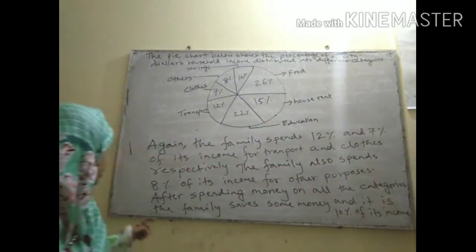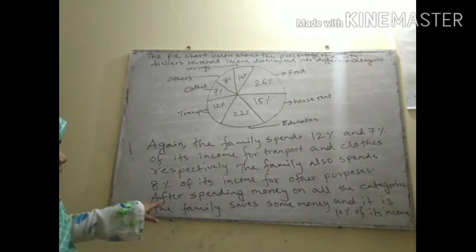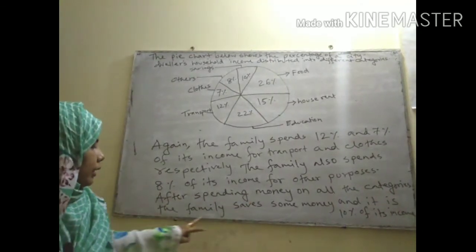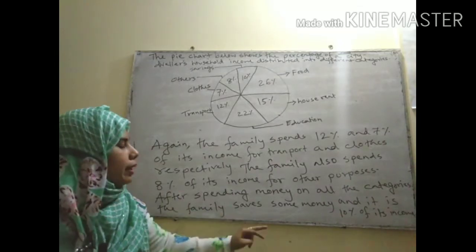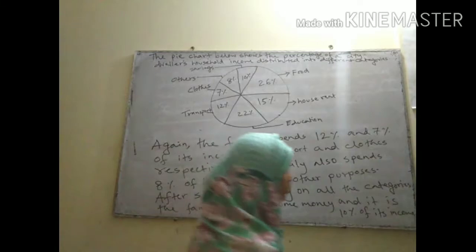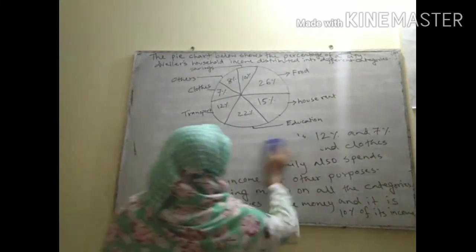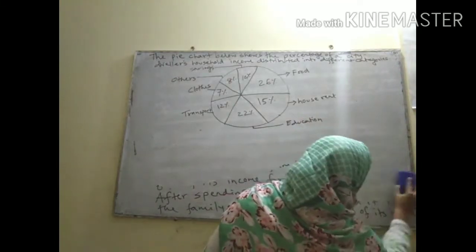Okay. So after spending money on all the categories, the family saves some money and it is 10% of its income. Now we will conclude the graph, the pie chart. Okay.